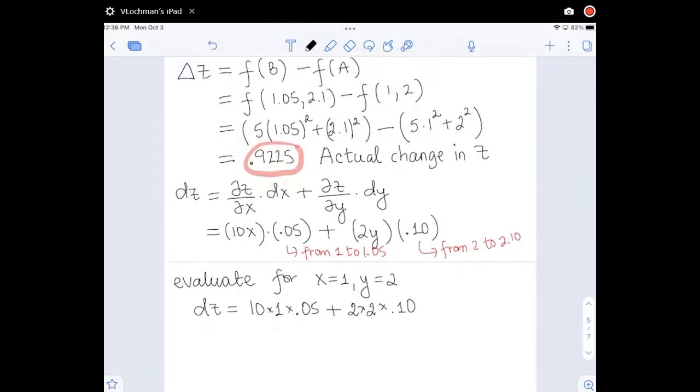Once I do this, my change becomes 0.90. That's the approximated change in z, but if you look at it, it's really close to the actual.